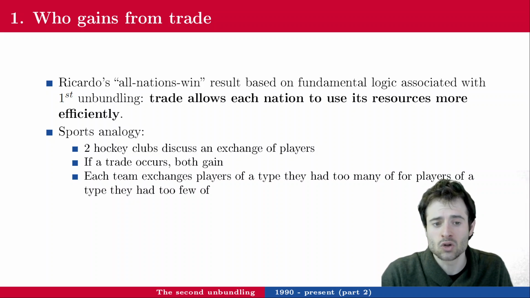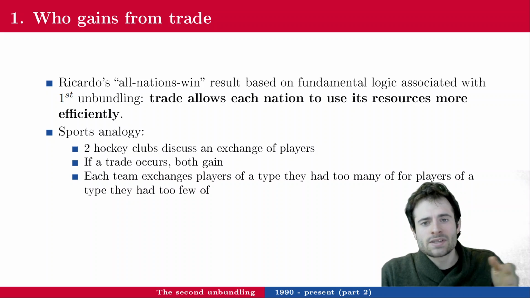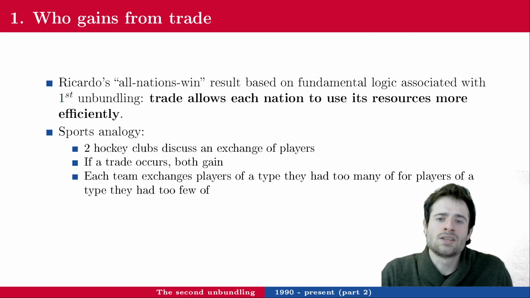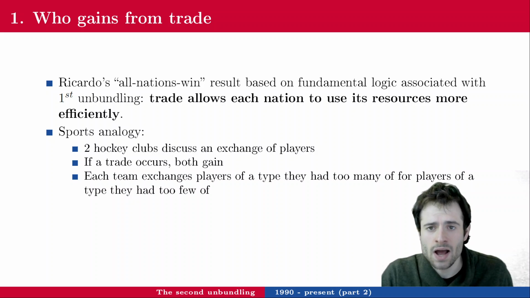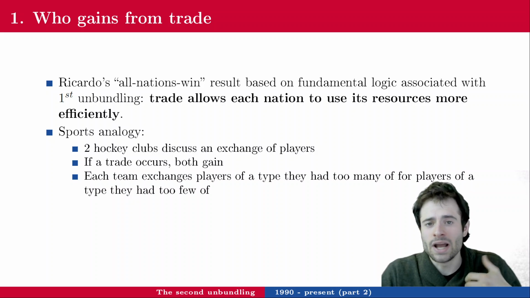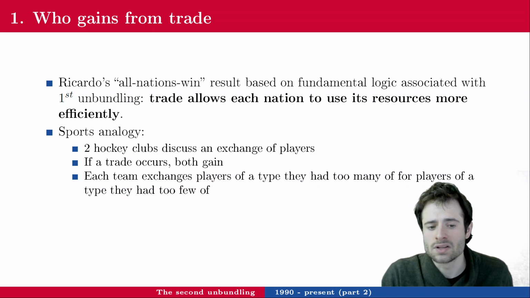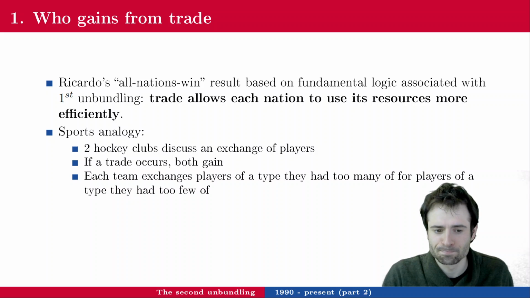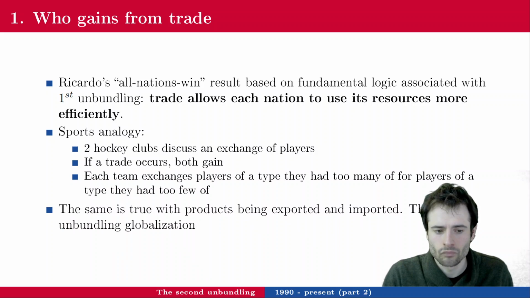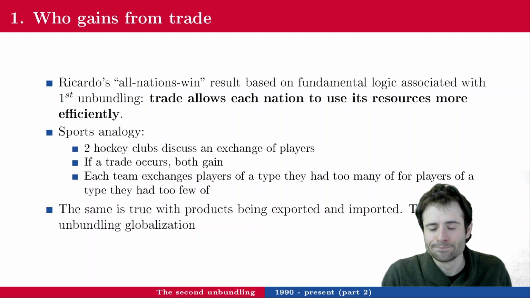I like hockey, but I just don't know the terms. And they might say, oh, I only need one or two guys in offense, and I have three right now. I can exchange this guy for a guy in defense, which I am lacking. For instance, that would be comparative advantage. That's the first unbundling.